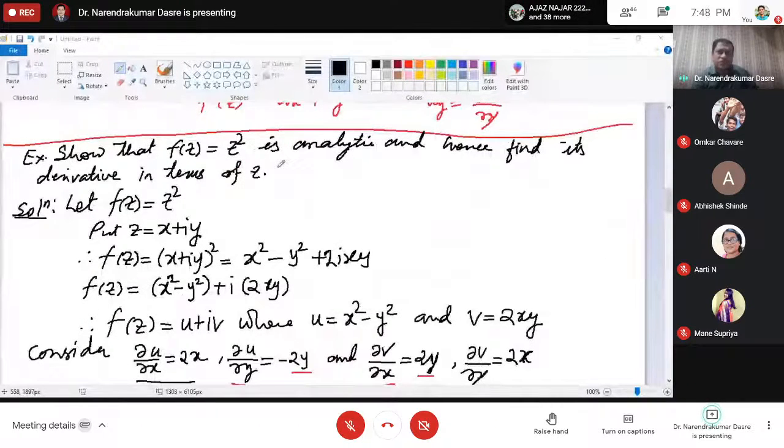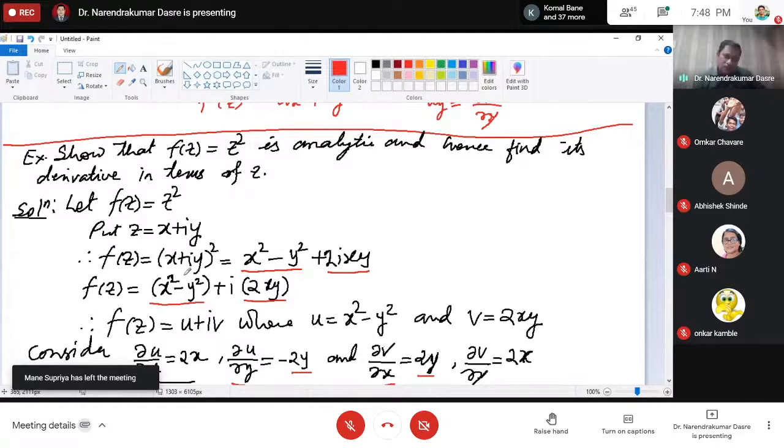See here, this is the question. I hope you are able to see, right? Here what we did is we simplified. We have considered one part which does not contain i, which is not having any term of i, and another part which has the term of i. So I have written here the part without i and the part with i. The part without i is called the real part, and the part with i is called the imaginary part.